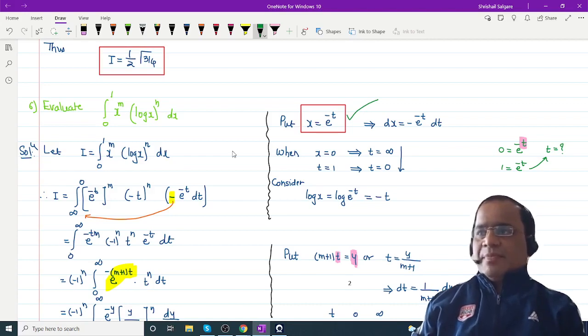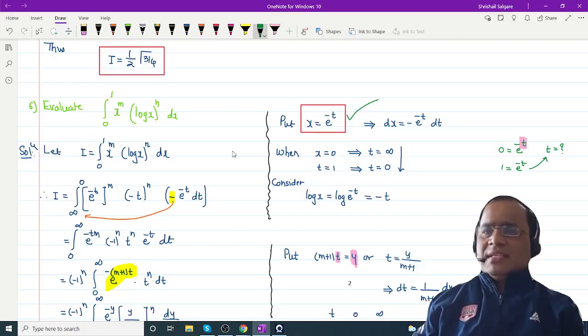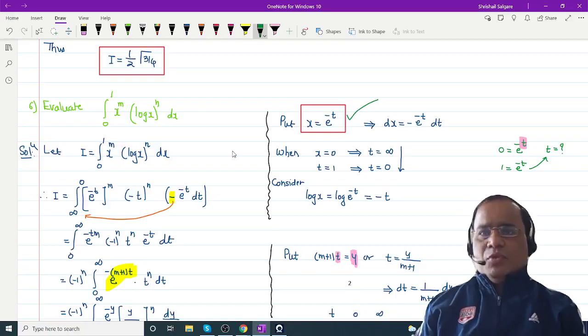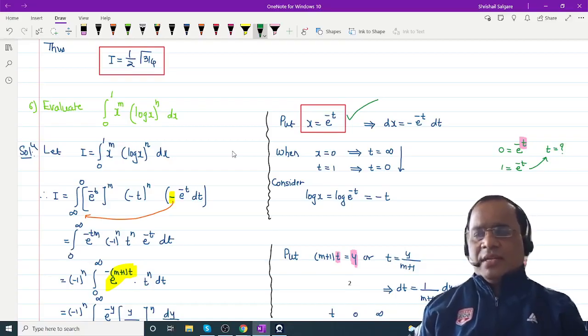Once again I repeat, when the integral has limits 0 to 1 and the integrand involves a logarithm function, don't get confused whether to put log x equal to t, or log of 1 by x equal to t or minus t. Remember, this is a standard form. Limits 0 to 1, integrand involving logarithm, always put x equal to e to the power minus t.